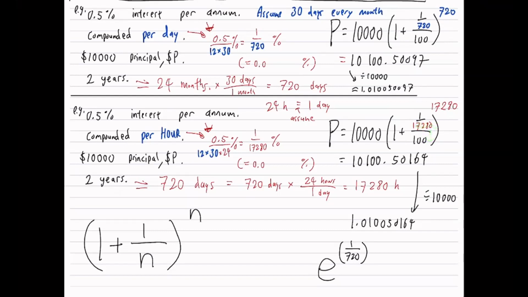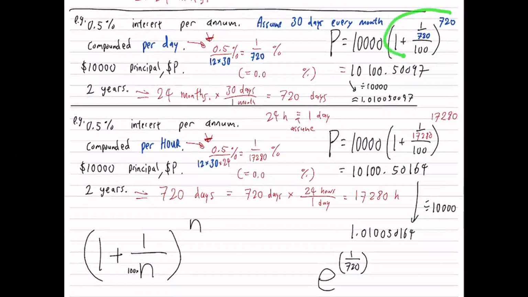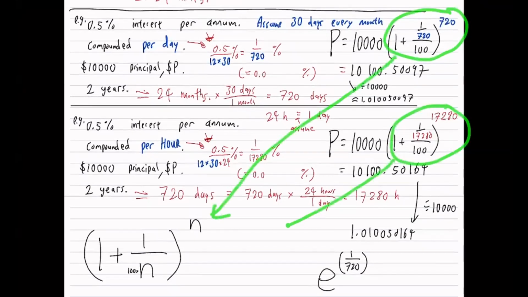If you bring this down, or maybe 100 times. Wait, say again. What I'm trying to get you to see is that this part here and this part here just follows this pattern, where n is 720, or n is 17,280. As n gets larger and larger, meaning you compound more and more, you can do it on your own.